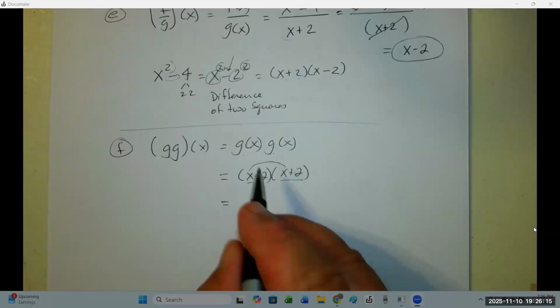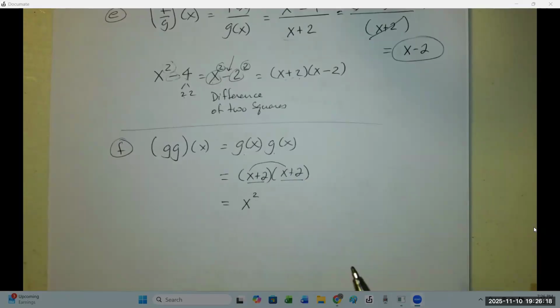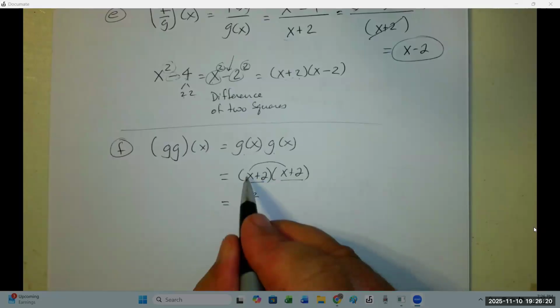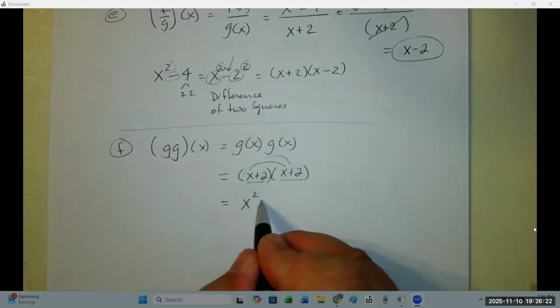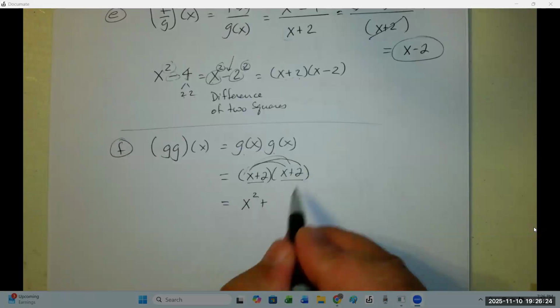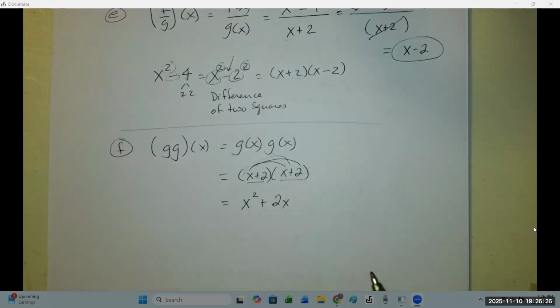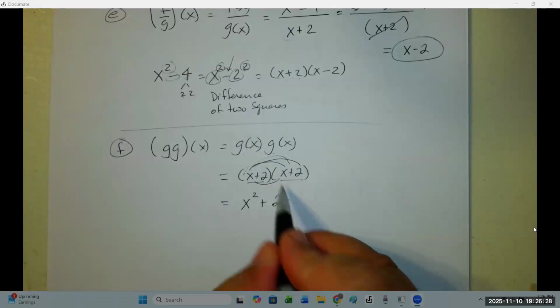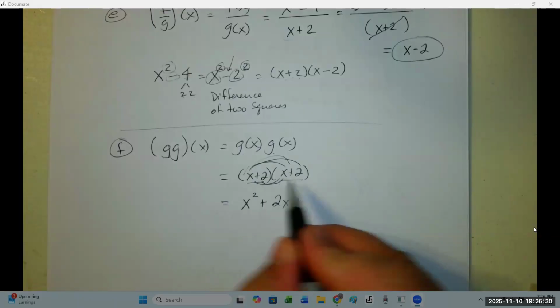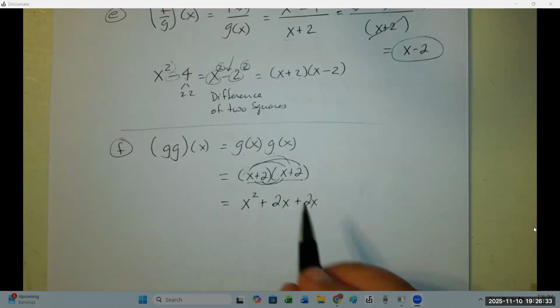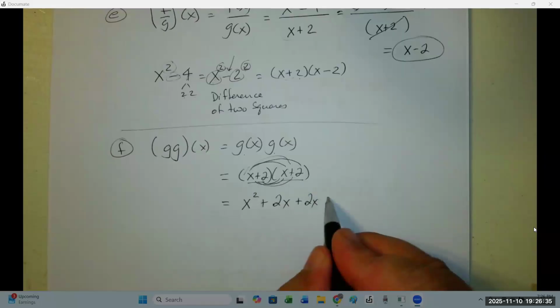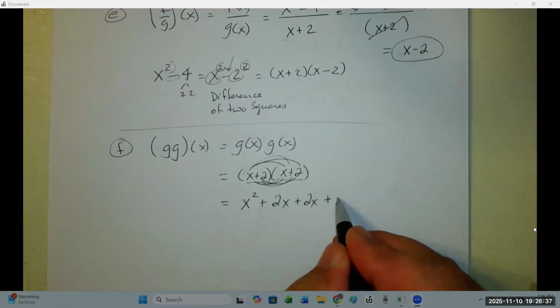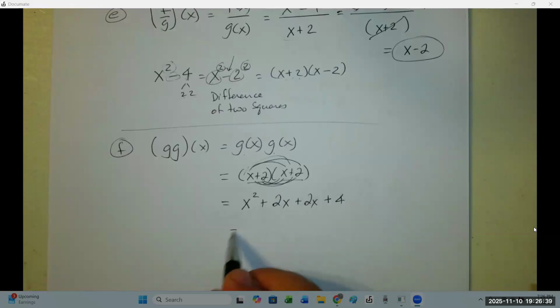So x times x is x squared. Positive times positive is positive. X times 2 is 2x. Positive times positive is positive. 2 times x is 2x. Positive times positive is positive. 2 times 2 is 4.